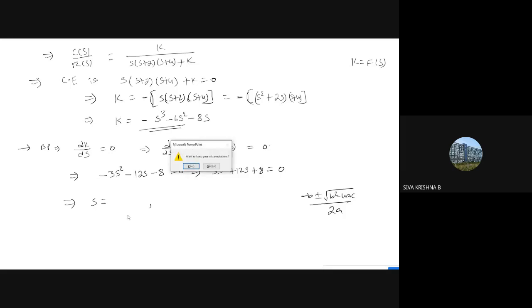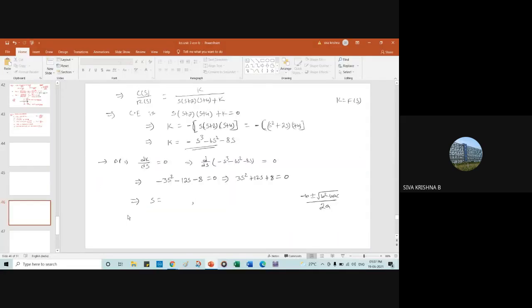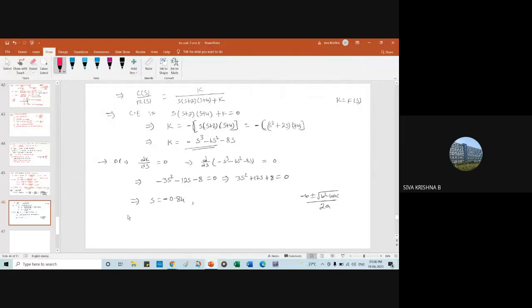Nobody calculated? Minus 0.845 and minus 3.154. So substitute these two values in this K, equation 1. Put s equals minus 0.845 in this equation 1.